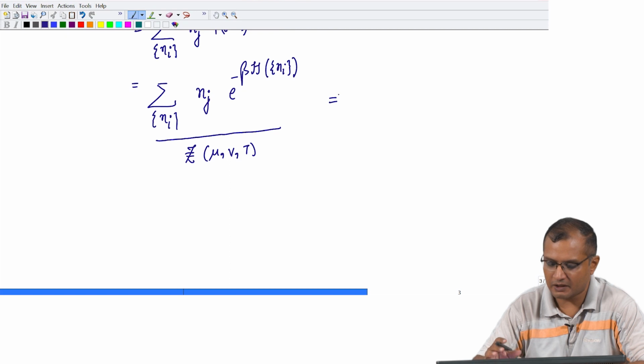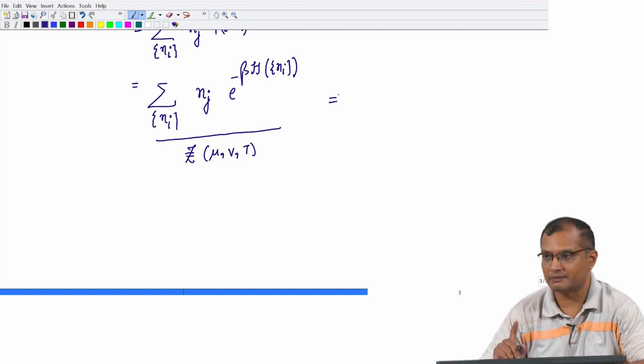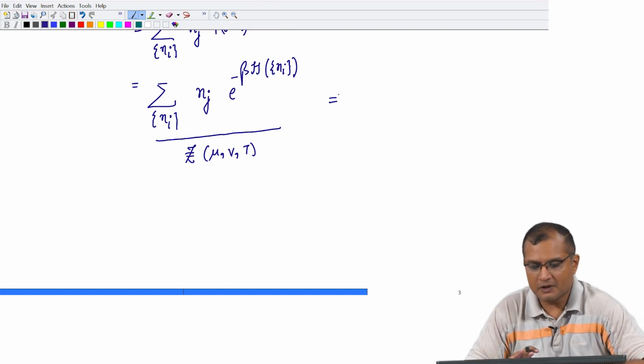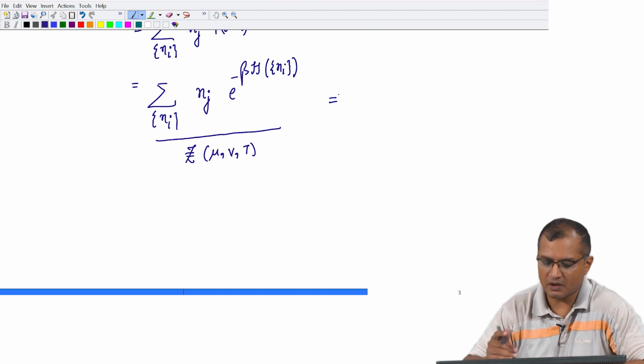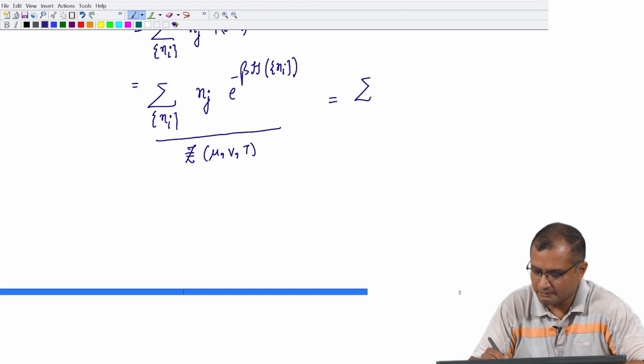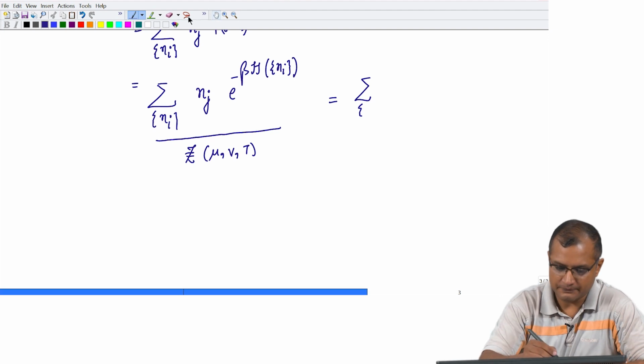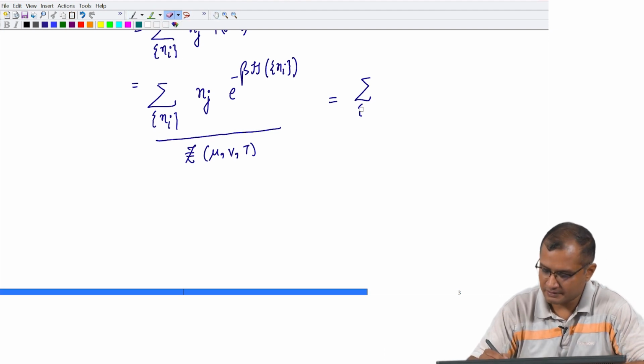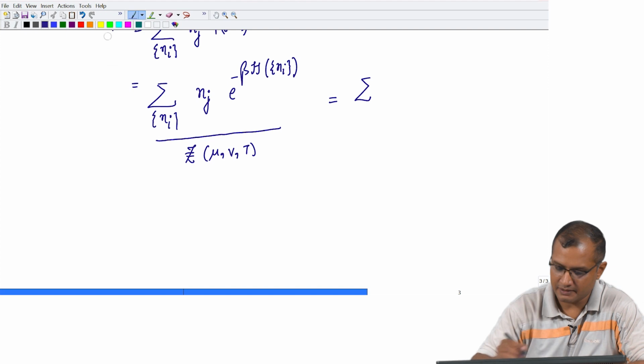And this is very clear now. If I want to pull out a certain nj from all possible values of nj, then all I have to do, in fact it will become clear if I write down the Hamiltonian explicitly.